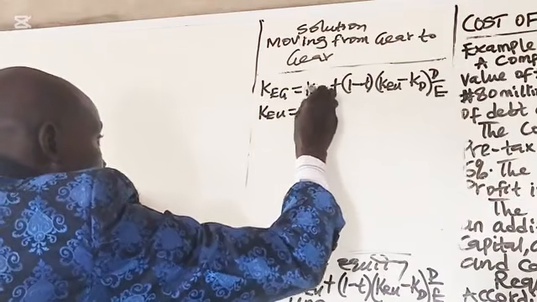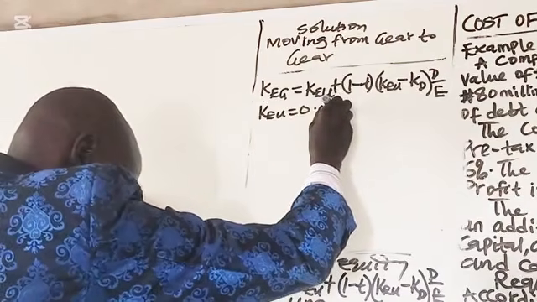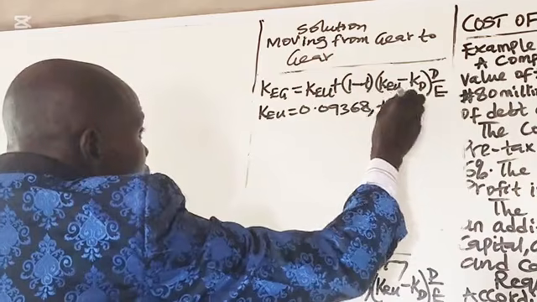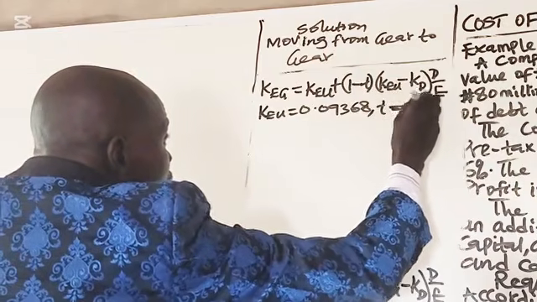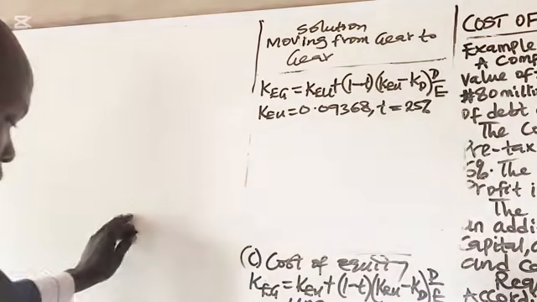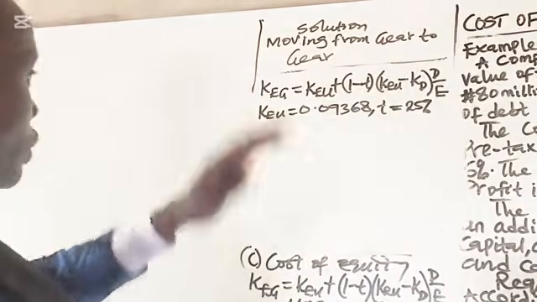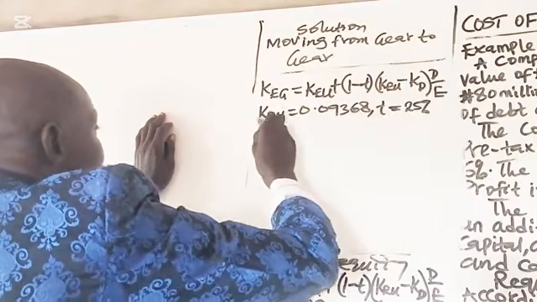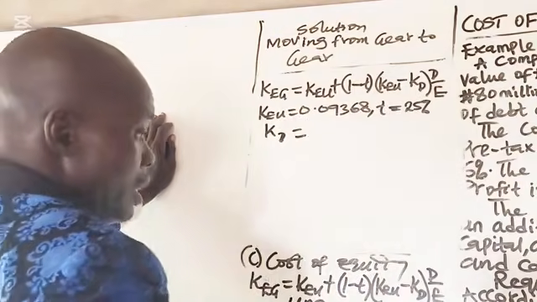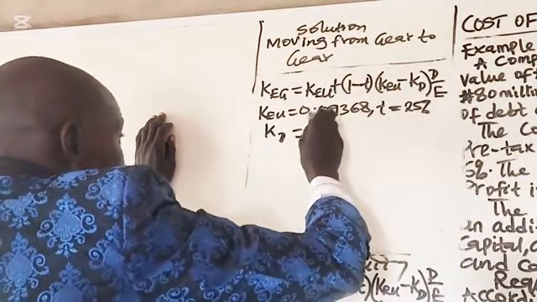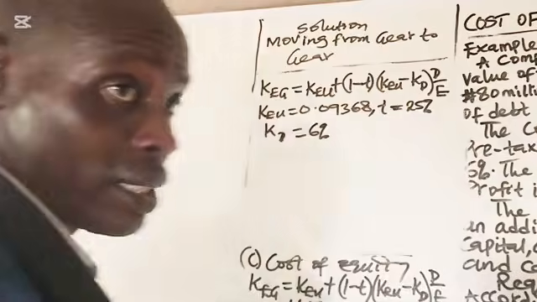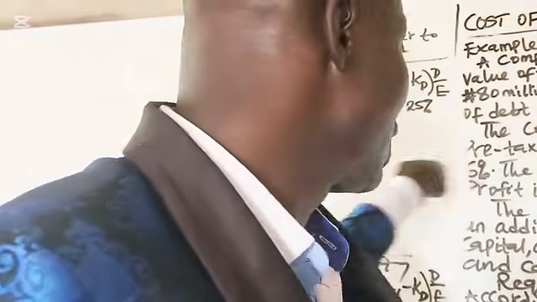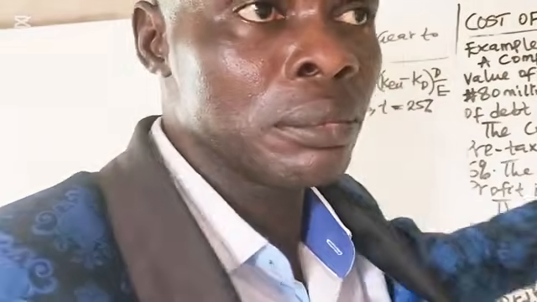So, if you substitute into the formula, our Q is 0.09368. Tax rate remains 25%. Remember, you want to use the new market value now. Cost of debt is 6%. Remember, at all levels of gearing, if you look at M&M Proposition 2, the line representing the cost of debt is horizontal.